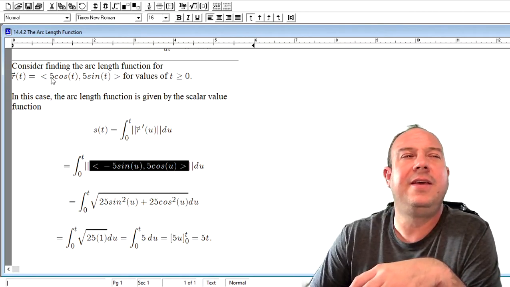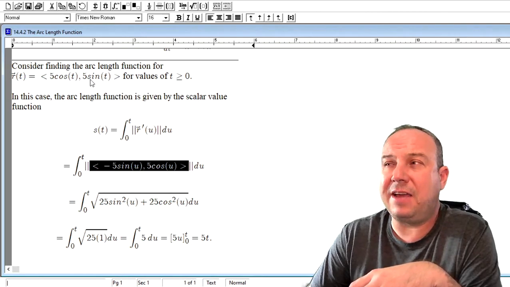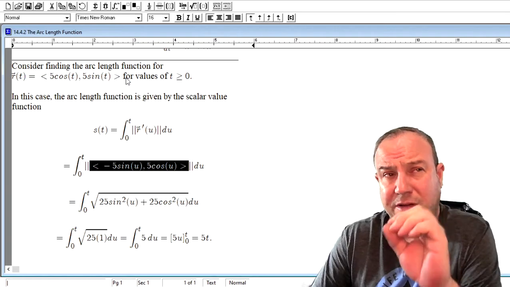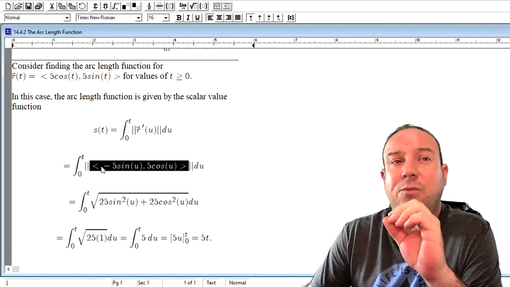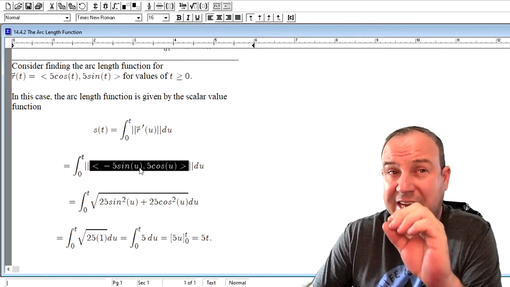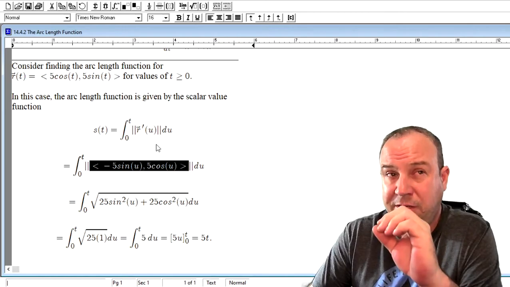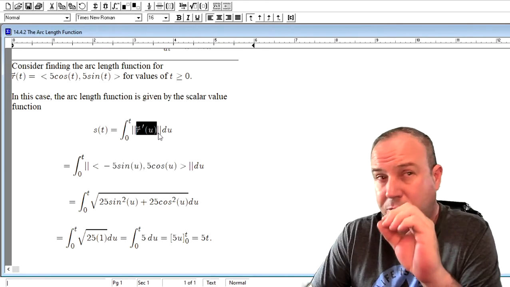Long day. Negative 5 sine t, 5 cosine t is this result for the first derivative. So we see this given here in terms of u: negative 5 sine u, 5 cosine u, is the first derivative of r bar written in terms of u.